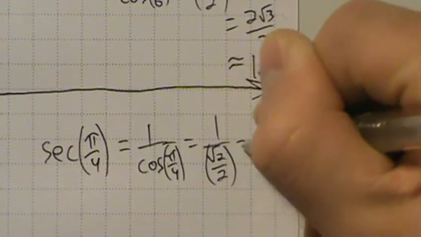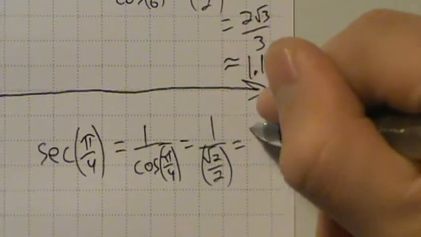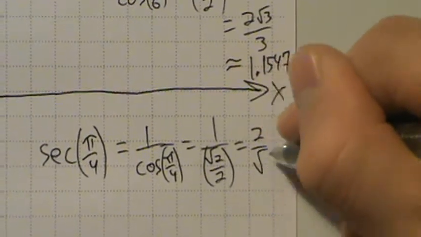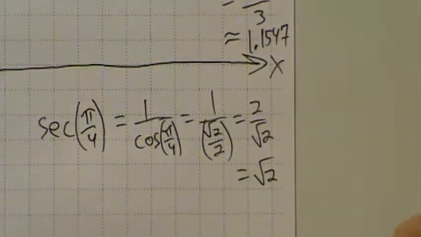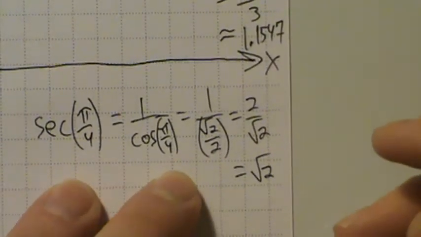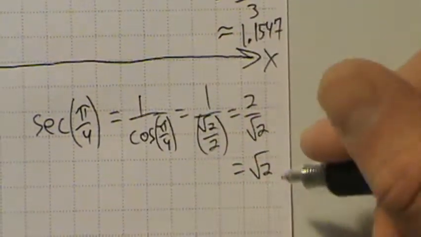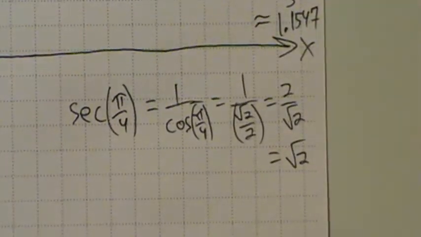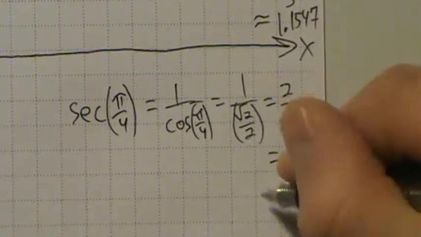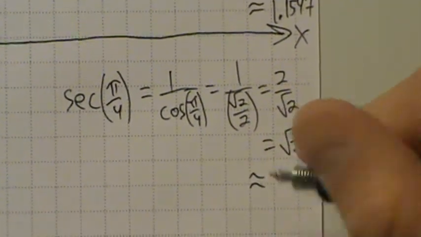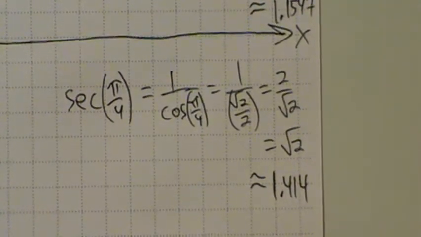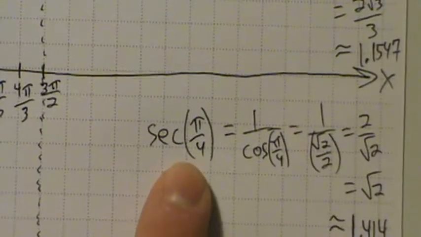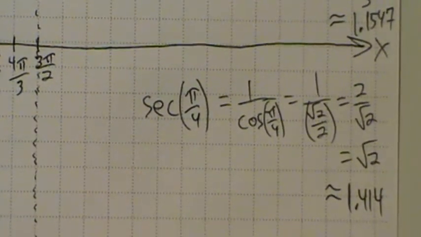If you flip that, you get 2 over root 2, which simplifies to just root 2. There are a few different ways to think about it, but I don't want to get hung up on it because that's not the point of the video. Secant of pi over 4 equals the square root of 2, and we have talked about stuff like that in earlier videos. Square root of 2 is approximately 1.414. So when x is pi over 4, the corresponding y-coordinate is about 1.414.